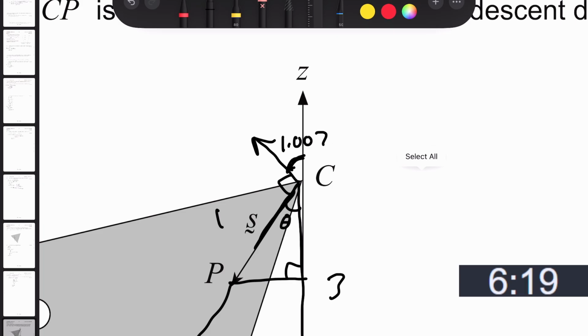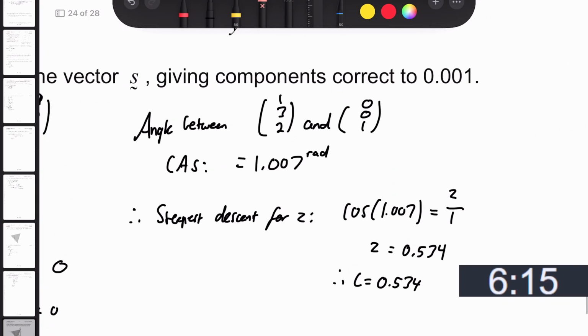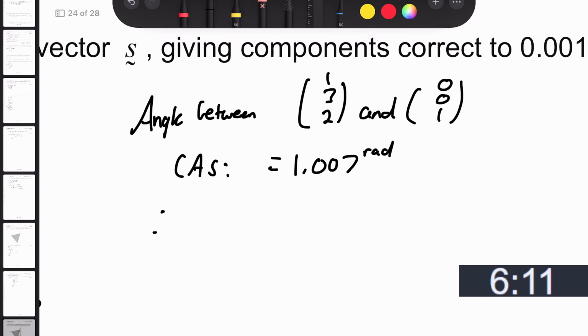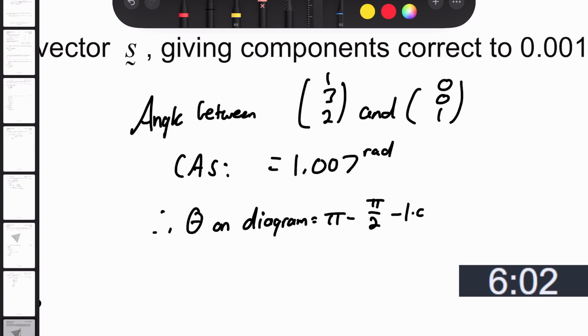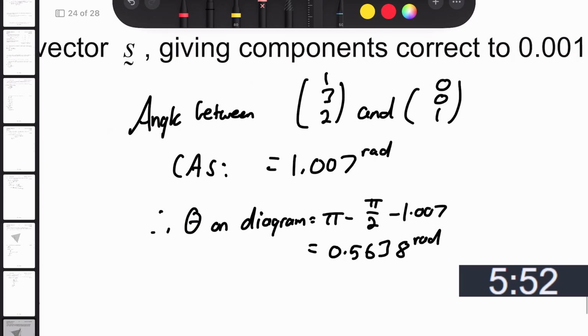And it's 90 degrees to there, so then theta is equal to, for theta between, theta on diagram is equal to pi minus pi on 2 minus 1.007, so 0.5638 radians.